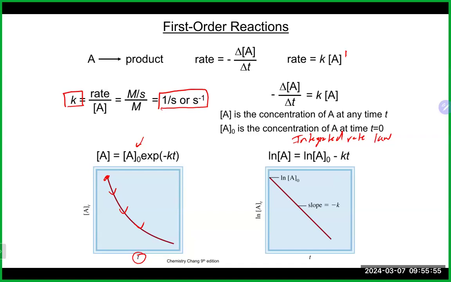We have the natural log of A equals the natural log of A naught minus kt. The natural log of A is your final concentration, and the natural log of A naught is your initial concentration, the one with the little o at the end.